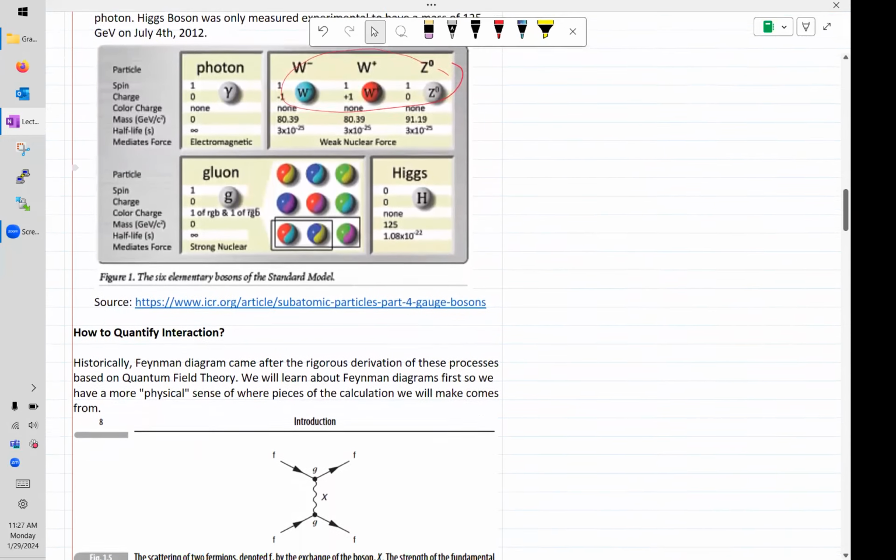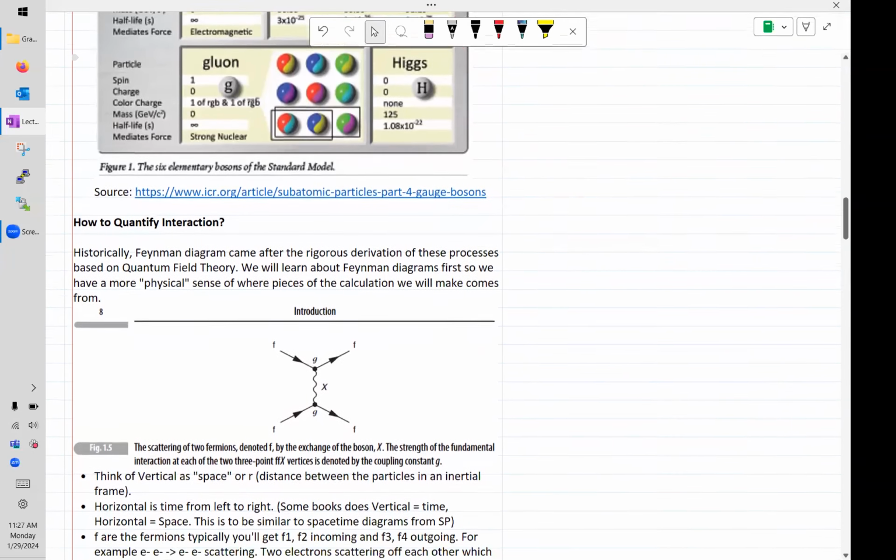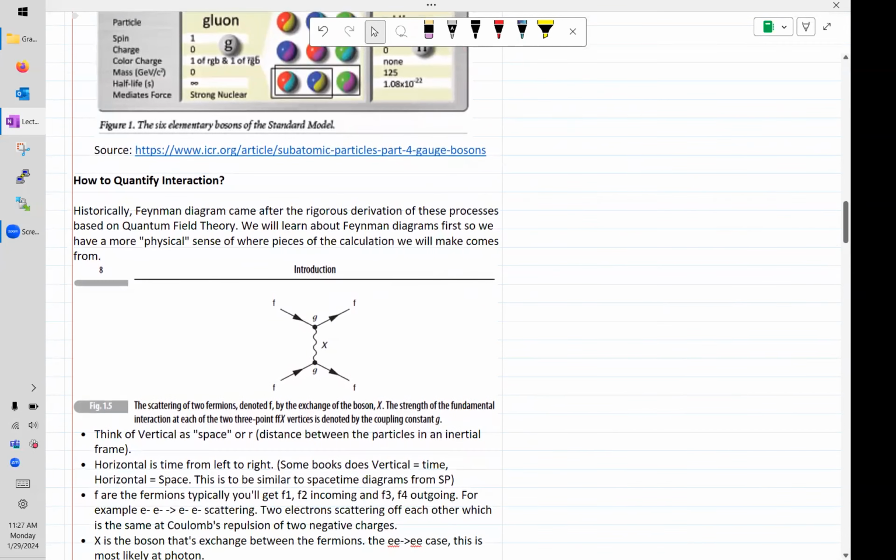But the goal of this lecture is to figure out how we can at least qualitatively figure out what their interaction is, what is allowed, what's not allowed, and then we're going to get into the quantification of it.